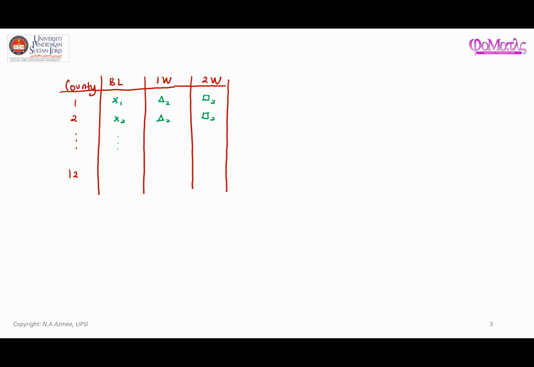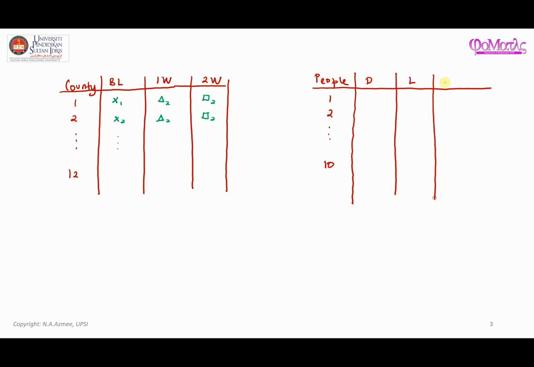What else? The second example is where we have different people, and they are going to rate all these occupations. So this is 1, 2, up to 10 people. They're going to give their opinions regarding the amount of prestige for doctors, lawyers, police officers, and also teachers.